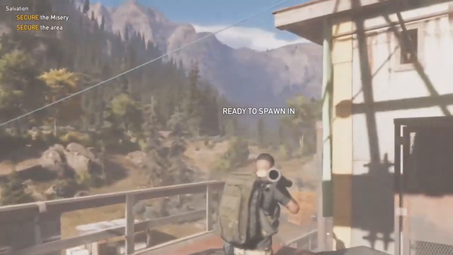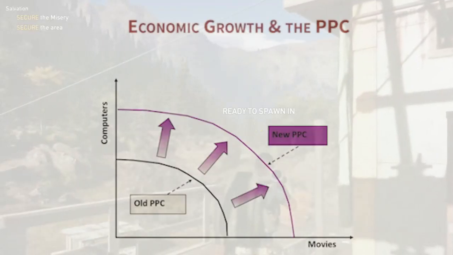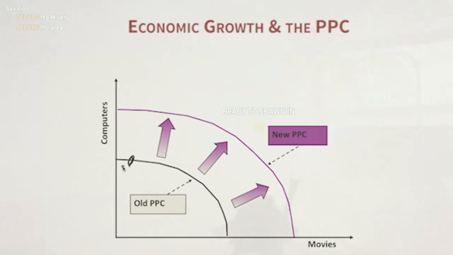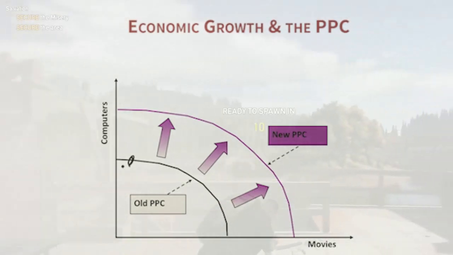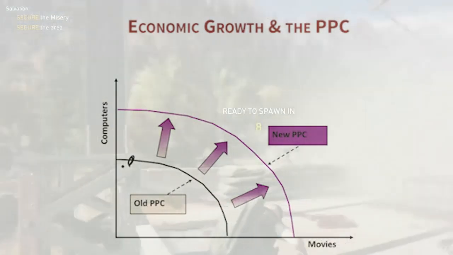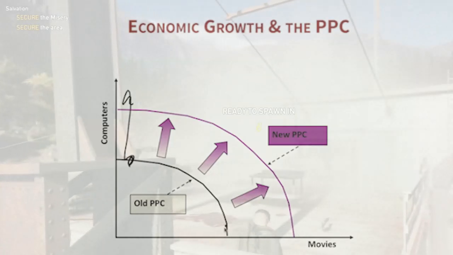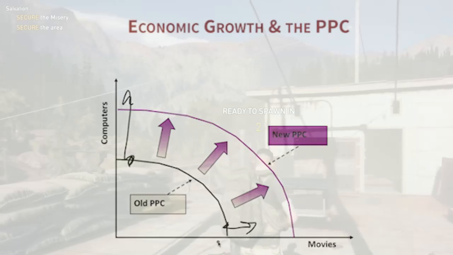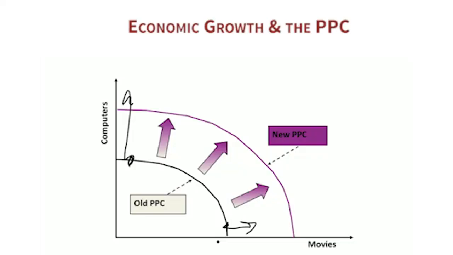If you, on the other hand, choose a point where you're doing a lot more of computers and relatively few movies, actually that's probably too low, it looks probably depressing, so very few movies, but then you move out a lot more. Over here, you don't move out very much. And that really emphasizes the importance of investment versus consumption in the economy. So there's a lot you can do with this curve.